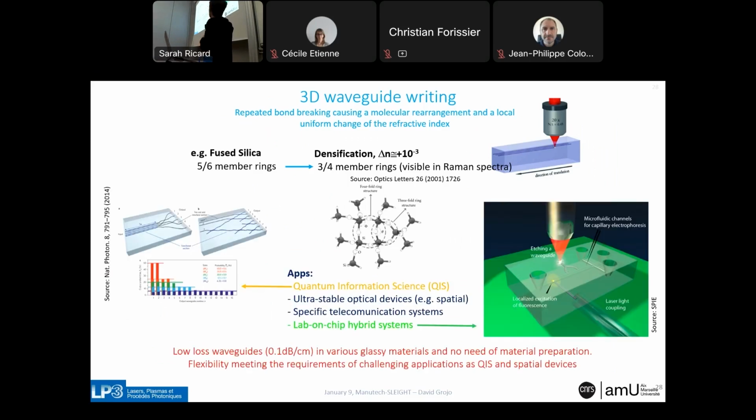This leads you to the possibility to be very flexible, in the sense that you just need to move the beam the way you want to create what you need, but also you have extremely stable structures.